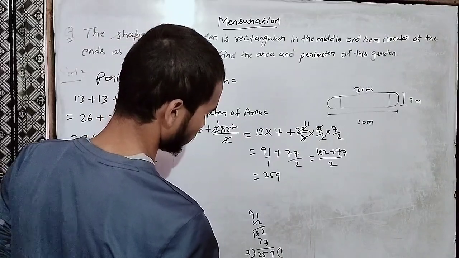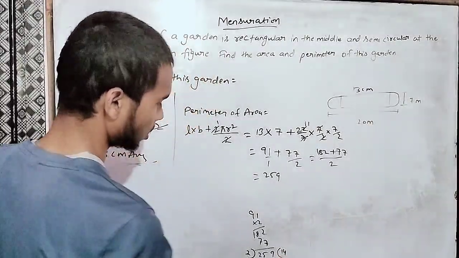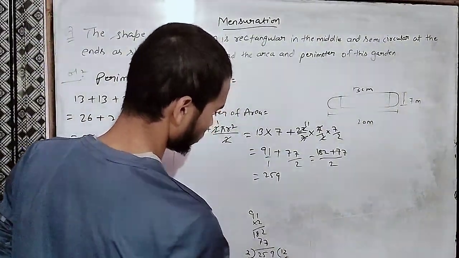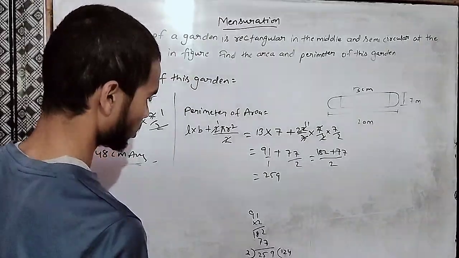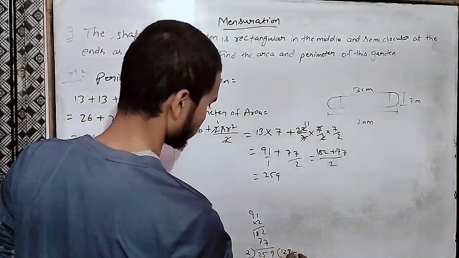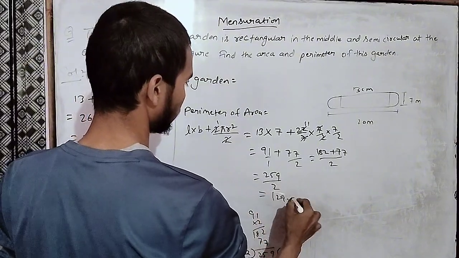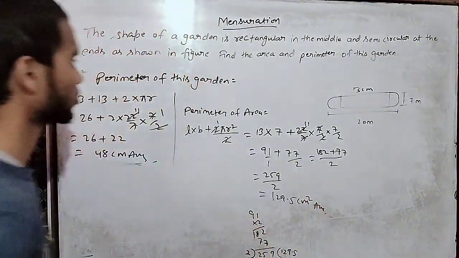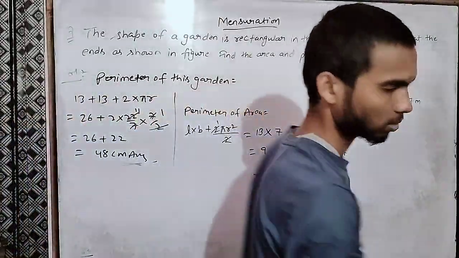This gives 129.5 centimeter square. That is all. Just look at this question.